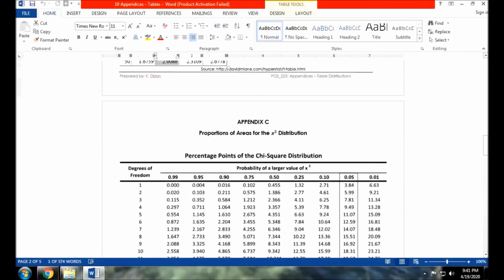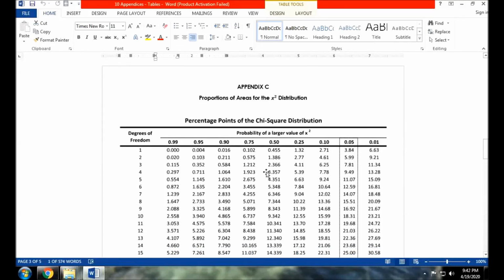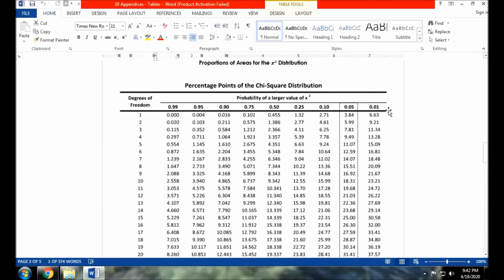We have computed the chi-square computed value, so now we find the chi-square tabulated value, or the x squared TV. A different table is used here. Always take note if you do manual computation: the table for the t-test, ANOVA, and chi-square are different. Technically, you could just search on the internet.